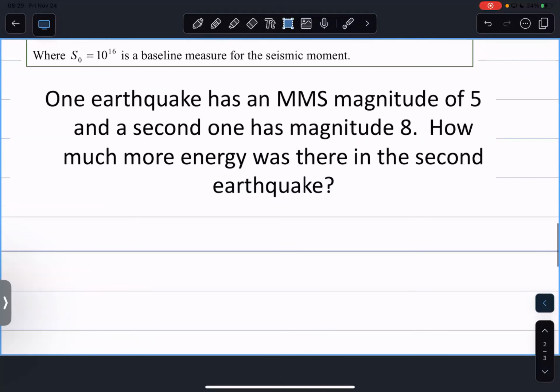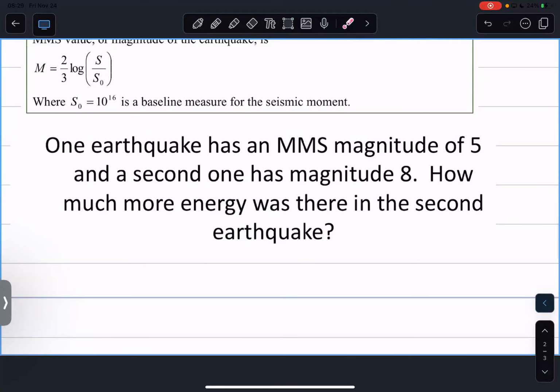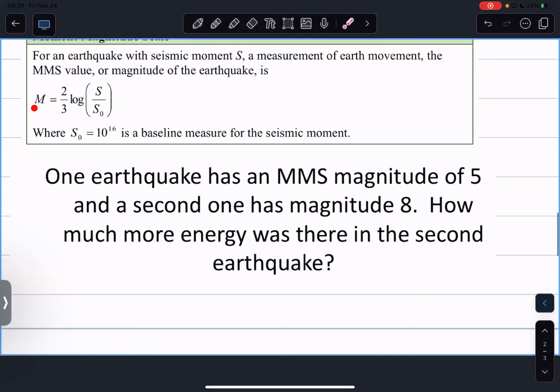So one earthquake has an MMS of magnitude 5, and a second one has magnitude 8. How much more energy was there in the second earthquake? So remember, S is the energy, the seismic moment.